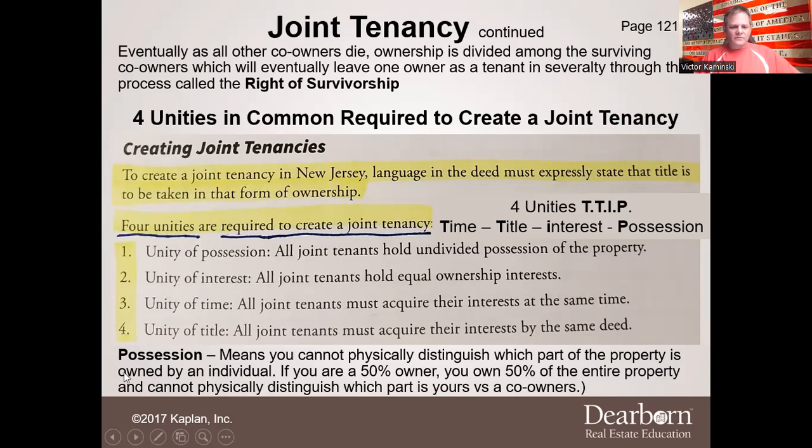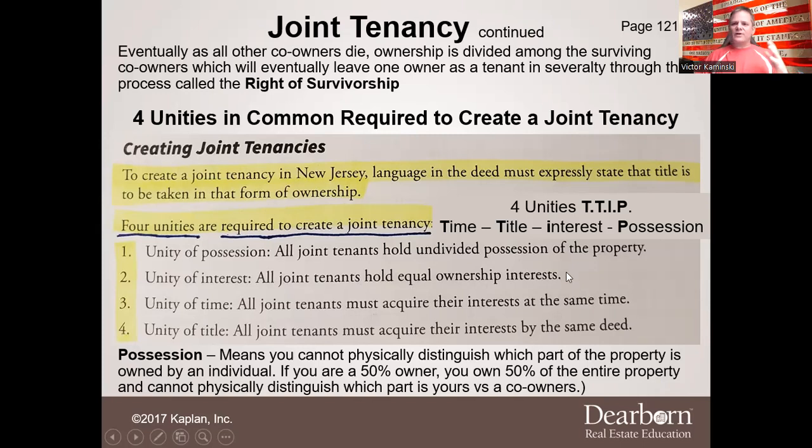Unity of title. Title means ownership. All joint tenants must acquire their interest by the same deed, because that's how we transfer ownership, right? By some sort of deed. Unity of interest. All joint tenants hold equal ownership interest in the property.